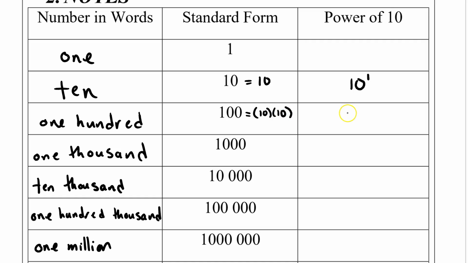So the base is going to be 10, but we have 2 tens. 1,000 is 10 times 10 times 10. So we have the base of 10, but we repeat it 1, 2, 3 times. So that's 10 to the power of 3.